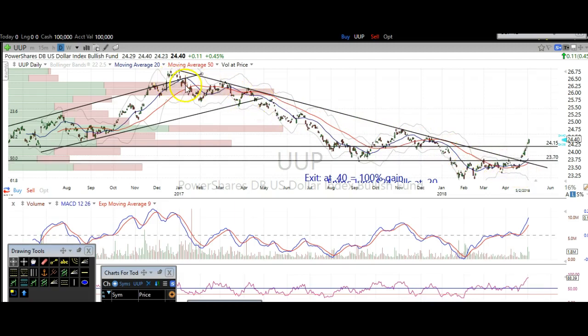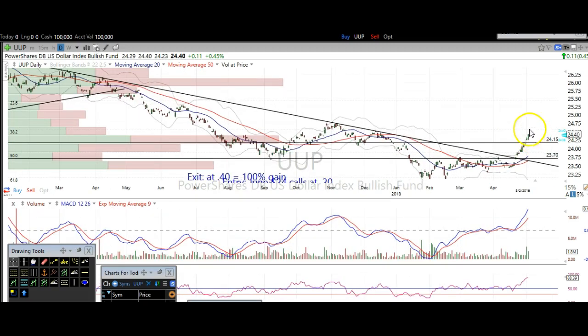So we've been heading down for about a year and 7 months or something like that. Forgive me if my math is off by a month or two. So you got to remember that's what has been happening here for the dollar. So we're coming into that big resistance. That's really all I have to say about it.